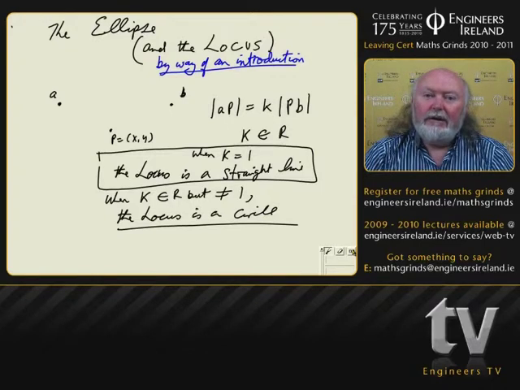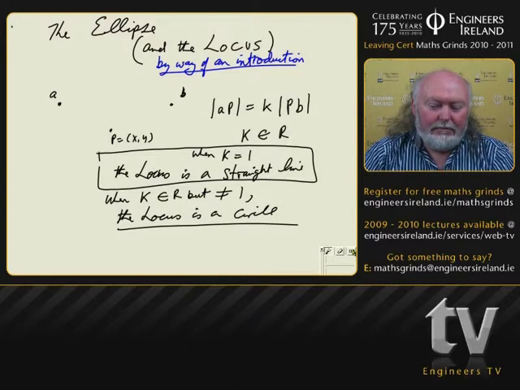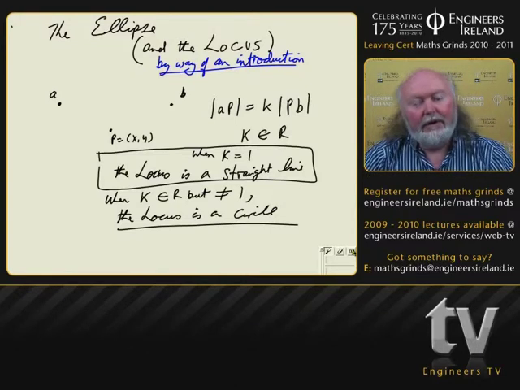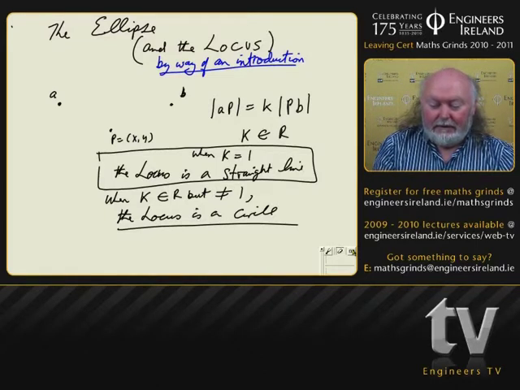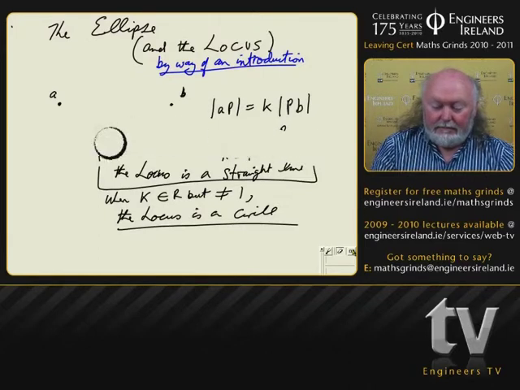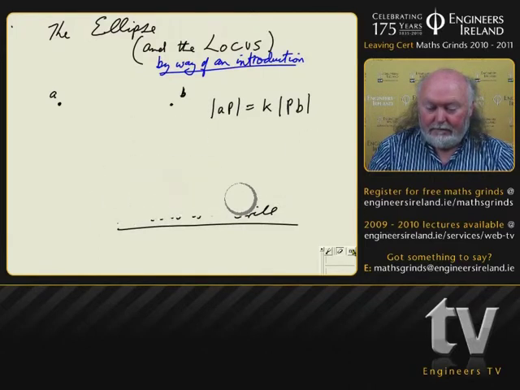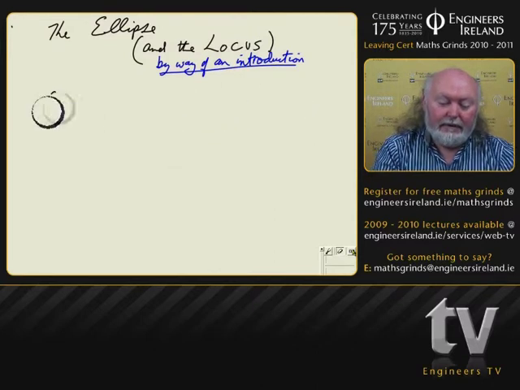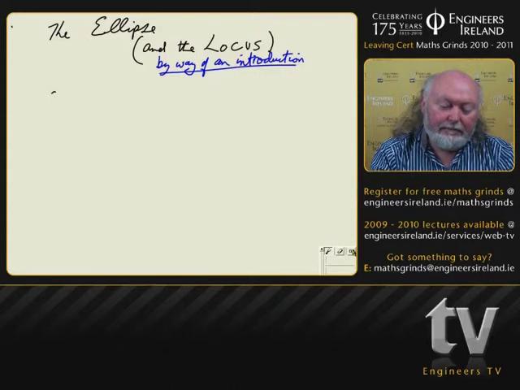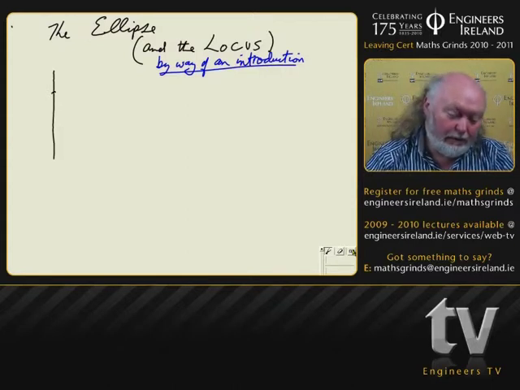What we're now going to look at is another search for an exclusive club. But the difference is that we're going to have a line which has a name called Directrix.